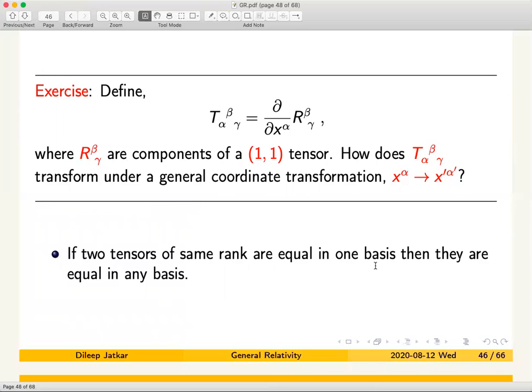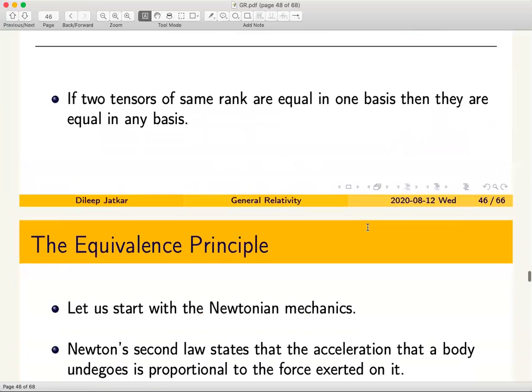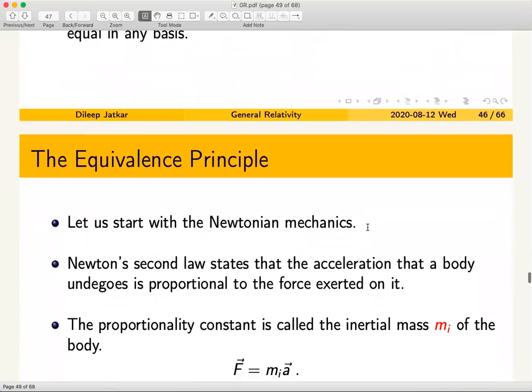So you don't have to redo this computation by changing coordinate systems. If you have shown them to be equal in one, you have done the job for all coordinate systems. So in that sense, work is simpler. It's reduced. So let's now talk about the equivalence principle.